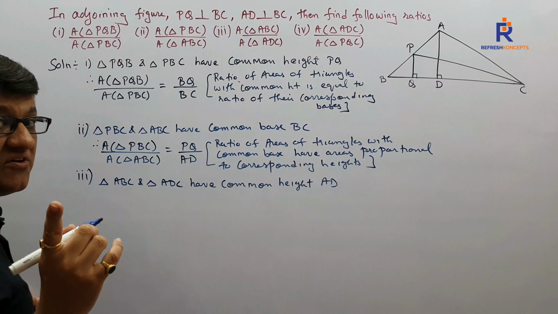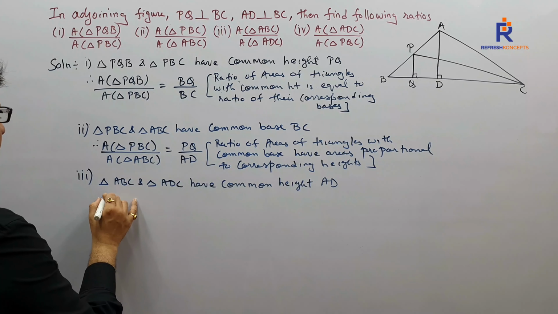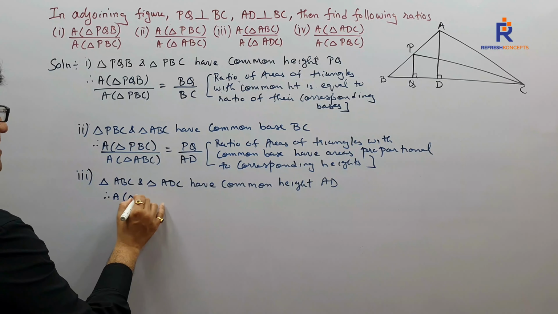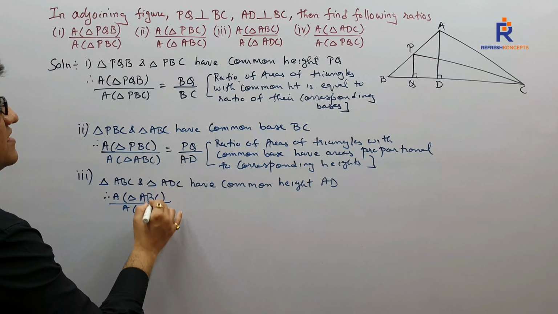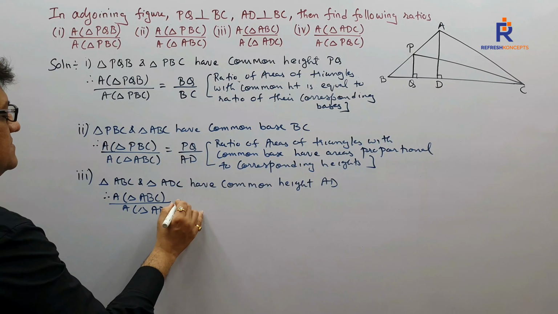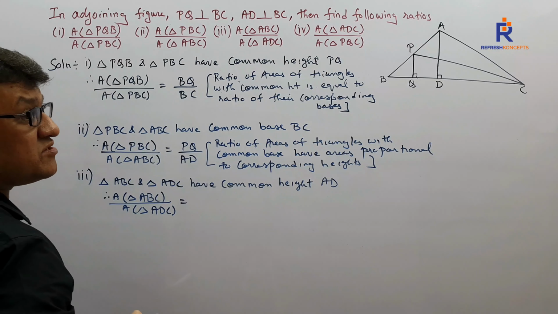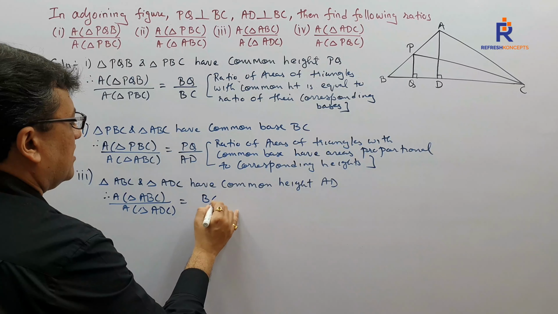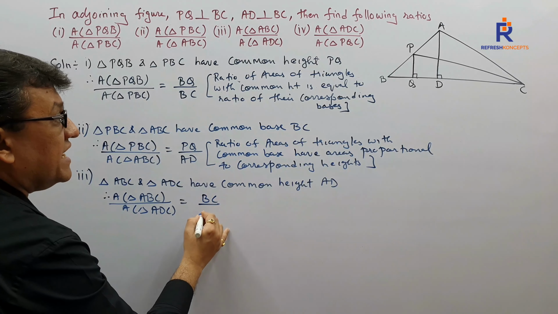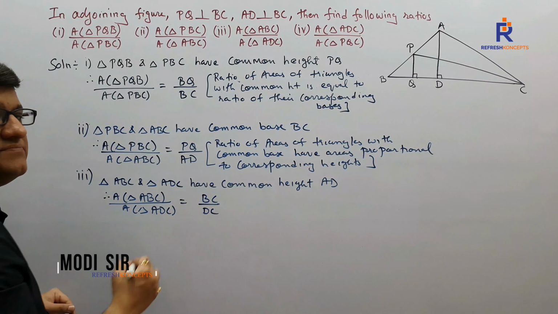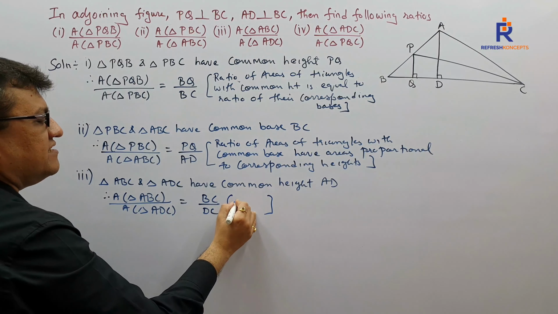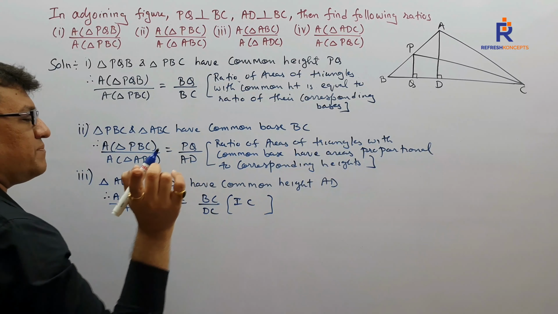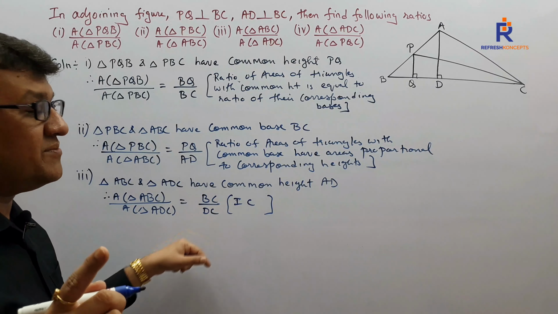Which property to be used? 1C. Therefore area of triangle ABC upon area of triangle ADC is equal to, what is the base of ABC? BC. And what is the base of ADC? DC. I'm not writing any reason here, I'm writing directly property 1C. I want my children to learn the properties by heart, so I'm just writing property 1C.